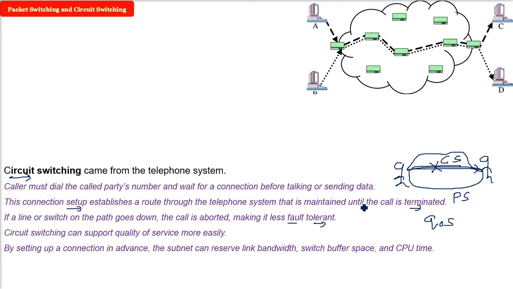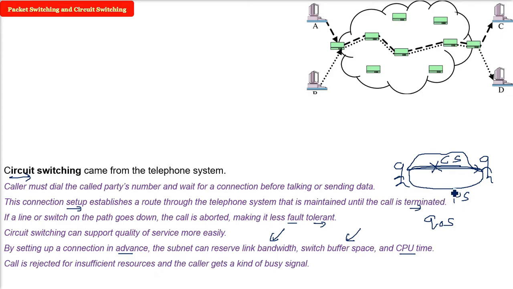Because the connection is established in advance, the communication network or the subnet can reserve the link bandwidth. It can also reserve buffer spaces and CPU time. This all comes under quality of service.